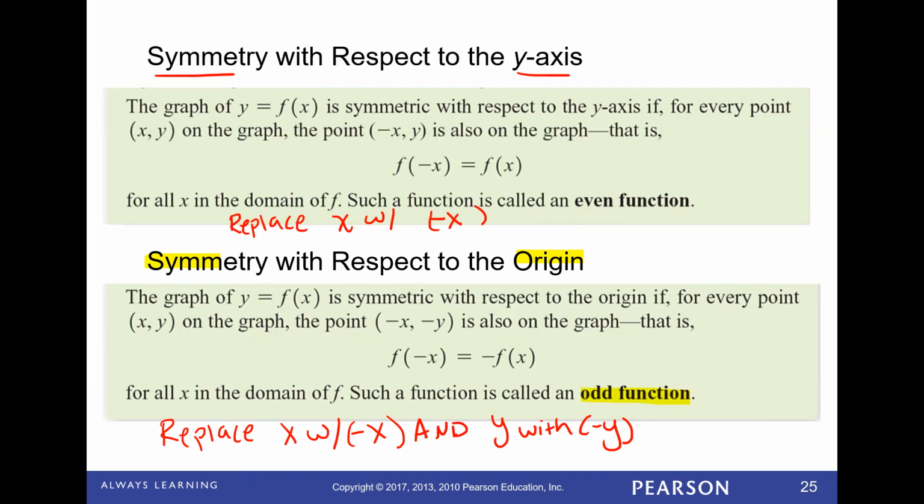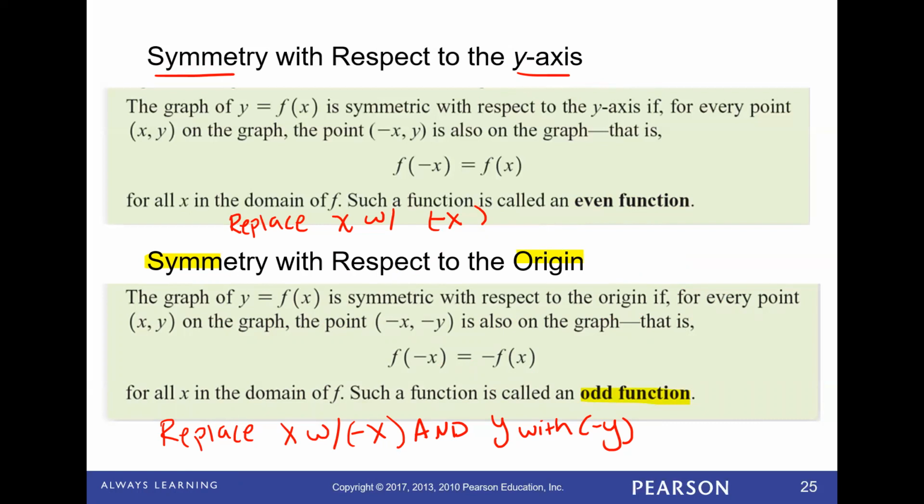Now, again, if I come out with the exact same equation that I start with, so the original equation, then we say that this function has symmetry about the origin. Now, origin symmetry is a little bit harder to visually see. With y-axis symmetry, it's very easy. Just look at the y-axis, and if you can fold the graph in half along that line, then you have y-axis symmetry.